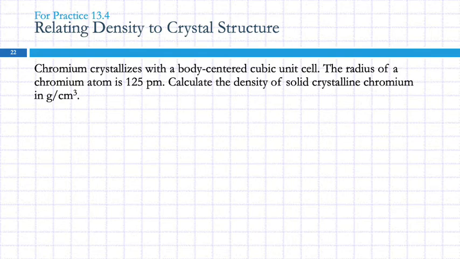One comprised of all the pieces at the corner and one in the middle. And so you can find the mass of 2 atoms, right? And then you can use the equation for the edge length. We have the radius. You can calculate the volume of the cube. And so you can take the mass of the 2 atoms and divide by the volume in cubic centimeters and get the density.